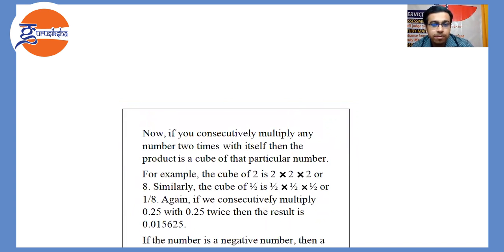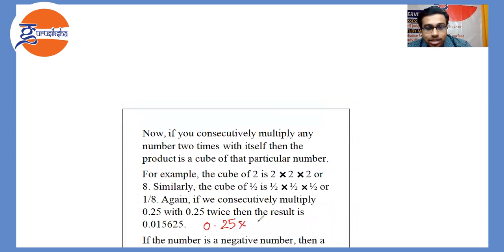Again, if we consecutively multiply, means immediately multiply twice, not involving any other number in between the process. If we consecutively multiply 0.25 with 0.25 2 times, let me show it one more time. 0.25 consecutively multiplied 2 times.